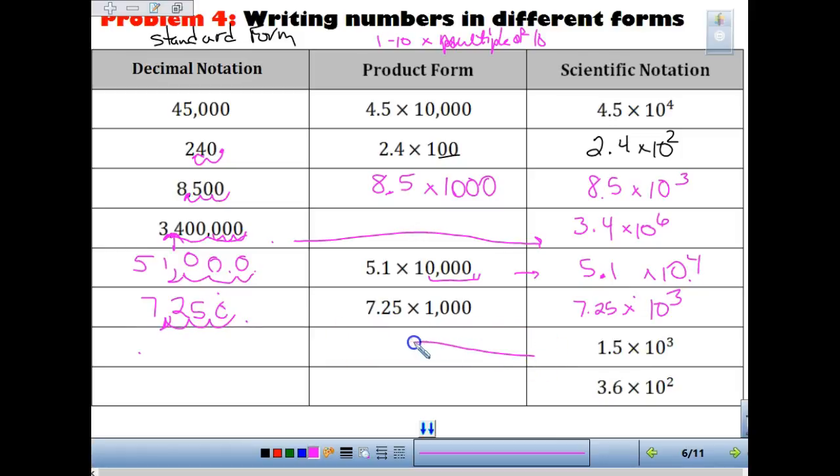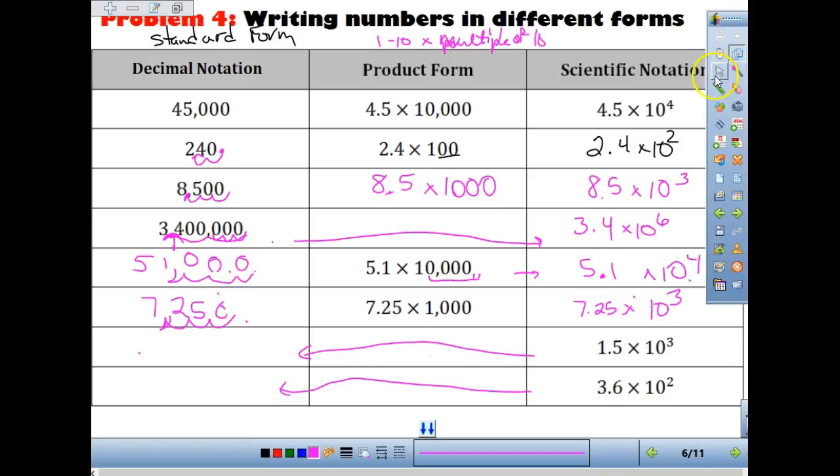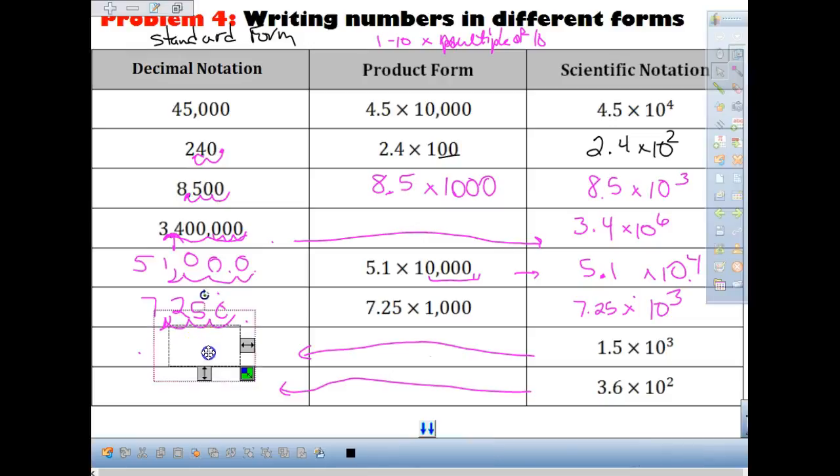If you haven't already, I would like you to write that right now in scientific notation. Okay? Write those both in scientific notation. If you haven't done that, please do that right now. The first one, I should have, what? 1,500. Should have 1,500.